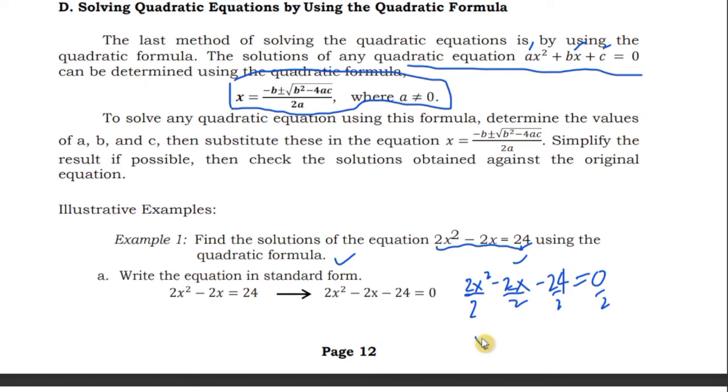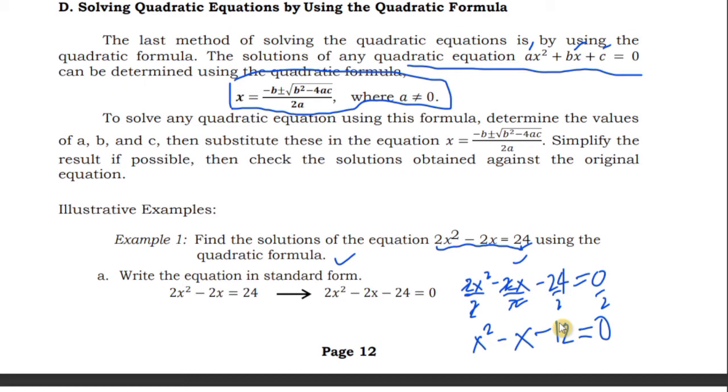So we have now x squared, 2 divided by 2 is 1; negative 2x divided by 2 is negative x; negative 24 divided by 2 is negative 12; and 0 divided by 2 is 0. So we now have x squared minus x minus 12 is equal to 0.